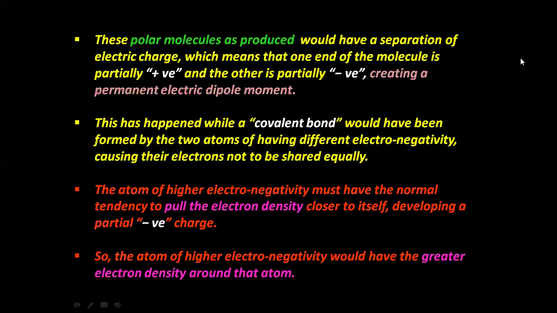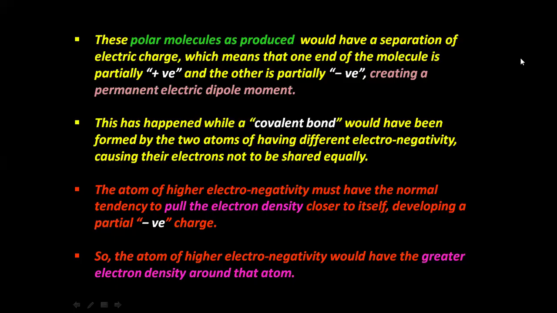These polar molecules, as produced, have a separation of electric charge, which means that one end of the molecule is partially positive and the other is partially negative, creating a permanent electric dipole moment. This happens when a covalent bond is formed by two atoms having different electronegativity.